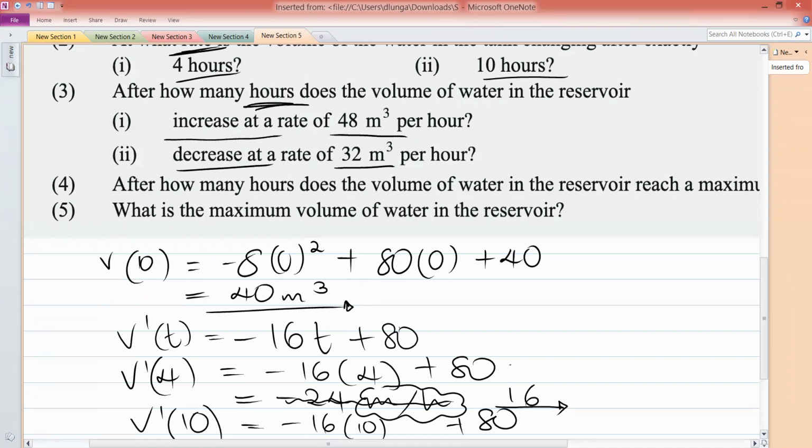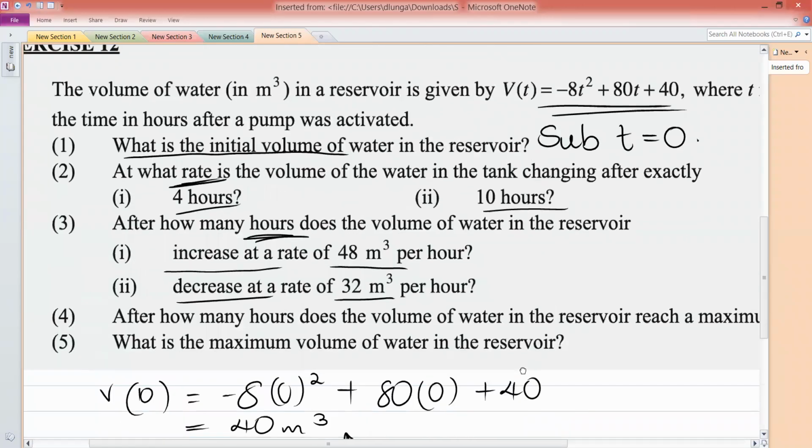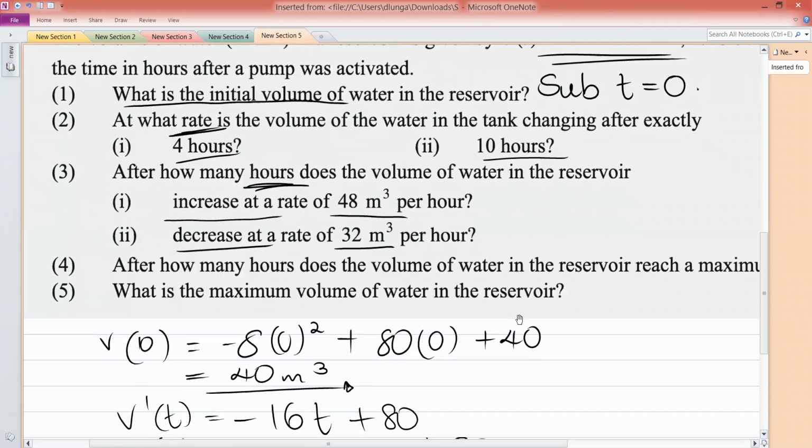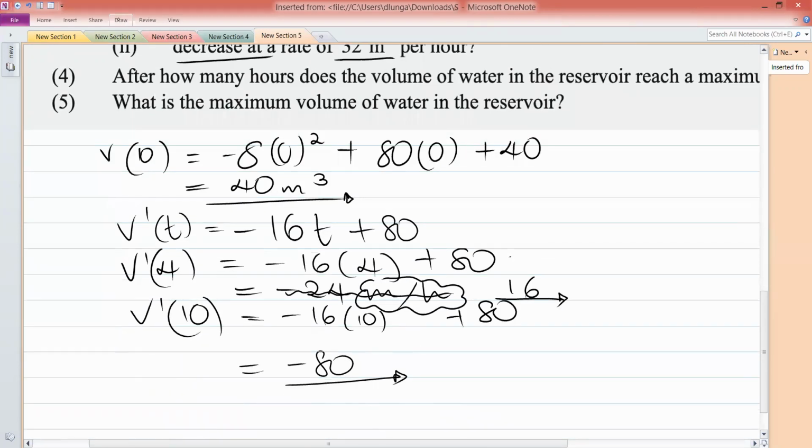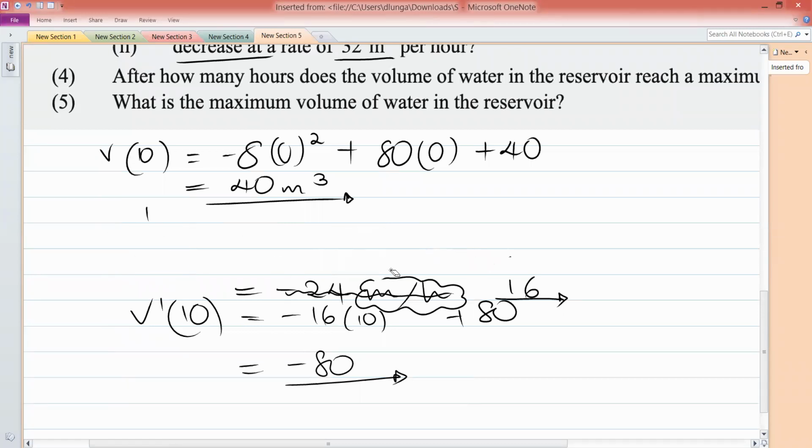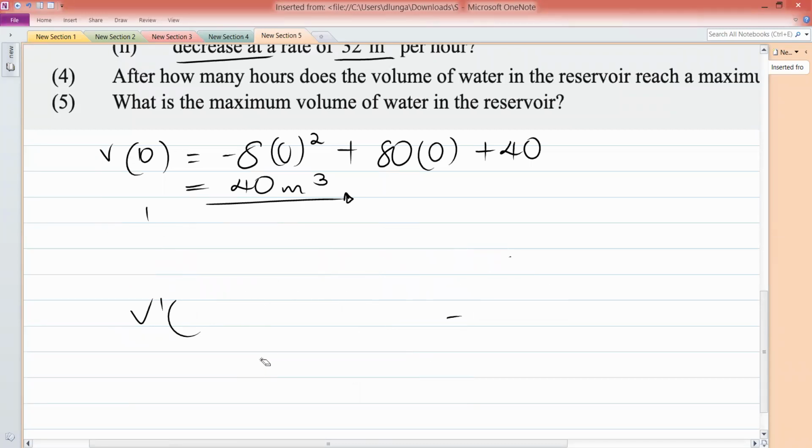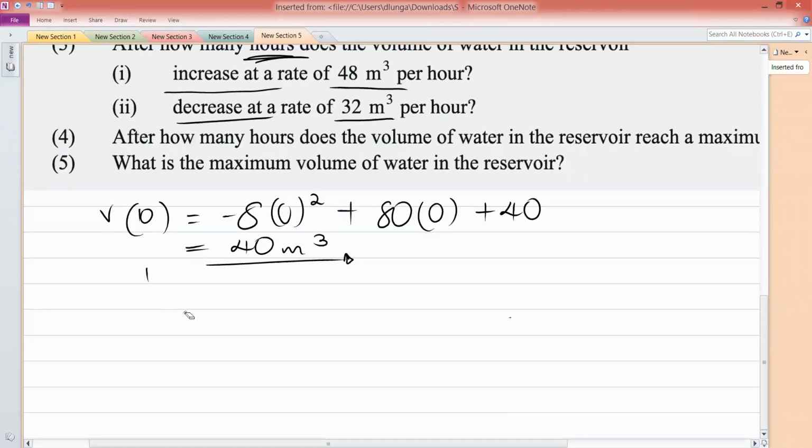We're still using the same formula here, the -16t plus 80. What are we going to do that's different from what we did in the second question? We are going to take the answer they give you, the 48, and it's positive.